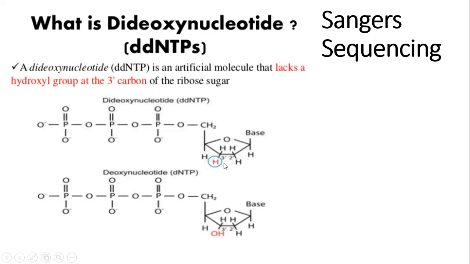As a result, if this group gets incorporated during polymerization, then the extension reaction is going to stop, because after this no further phosphodiester bond formation is possible. So it will lead to termination of extension whenever this dideoxynucleotide molecule gets incorporated, and that will result in synthesis of varying lengths of DNA.